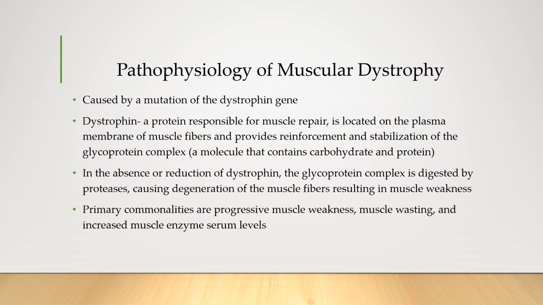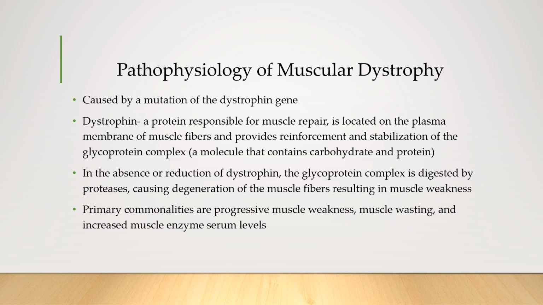The glycoprotein complex is a molecule that will contain carbohydrate and protein. So, in the absence or the reduction of dystrophin, the glycoprotein complex is digested by proteases, causing a degeneration of the muscle fibers, thus resulting in muscle weakness.